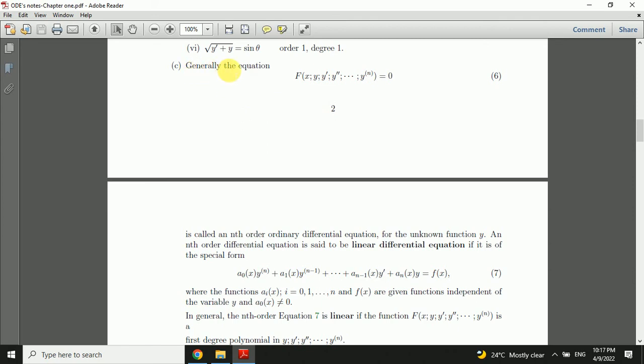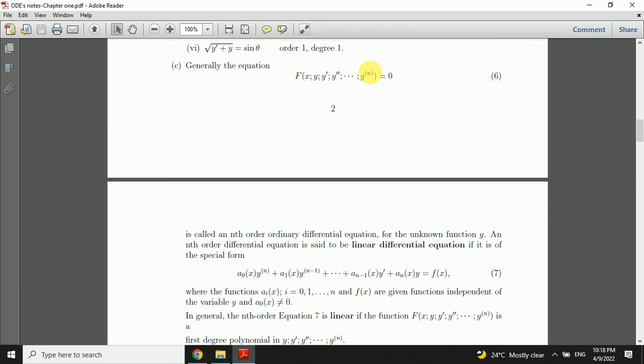So generally, you have an equation which depends on a variable x. This first x here means the variable, and these y's, we have y prime up to the nth derivative. So you have first derivative, second derivative, third derivative, and so on up to the biggest derivative.